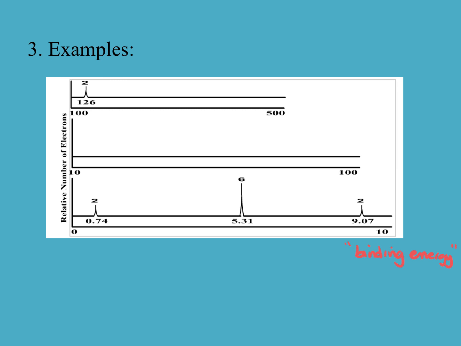If you look at any particular atom, the electrons that are closest to the nucleus are going to be experiencing the greater Coulombic attraction with the nucleus. So those would understandably have the greatest binding energy. The one we should pay attention to first would be this one right here, because that's got the highest number down here on the bottom, 126.